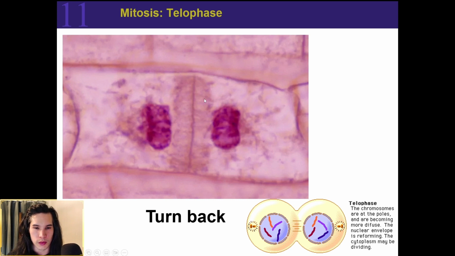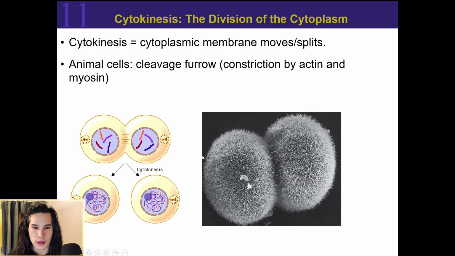So it'll reform. Each of your chunks of genetic material are becoming localized here. The nuclear envelope will begin to reform, and your DNA will begin to decondense back into chromatin form.